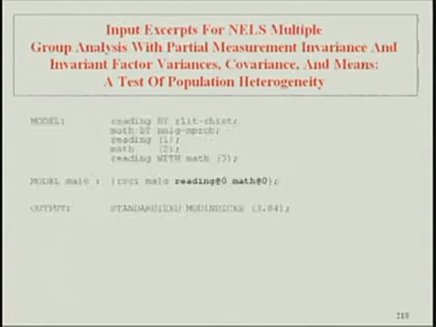And then one last thing I might want to look at is, do the means differ across groups for the 2 factors? The means in group 1 are fixed at 0, and group 1, I think, was females.